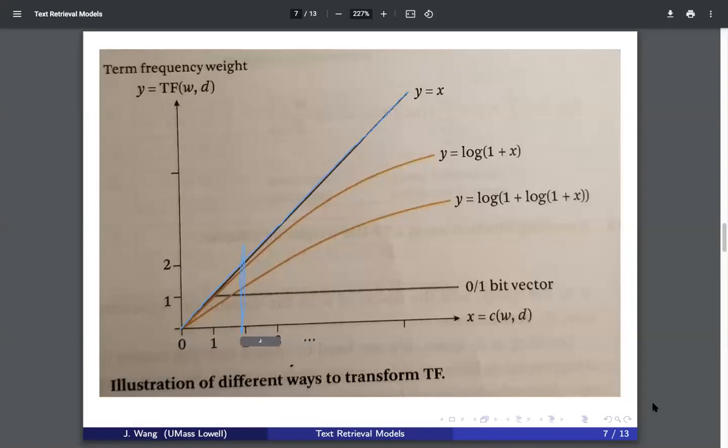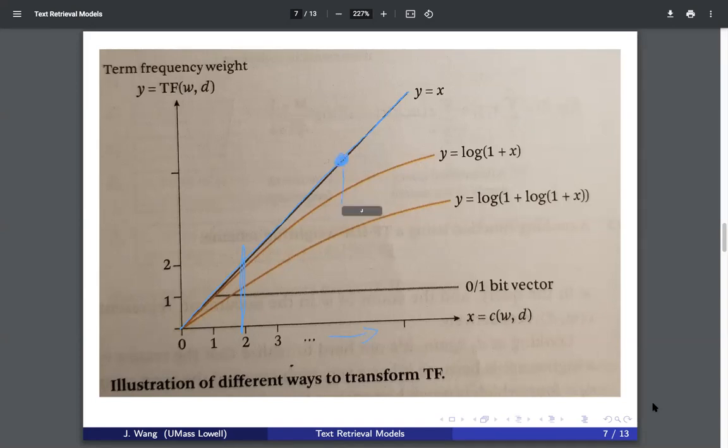But when you have more appearances, the weight of the later appearances should not be treated as equal to the earlier appearances. So that's what this means. When your count increases, it's not going to be exactly the count right here. It will gradually move away.